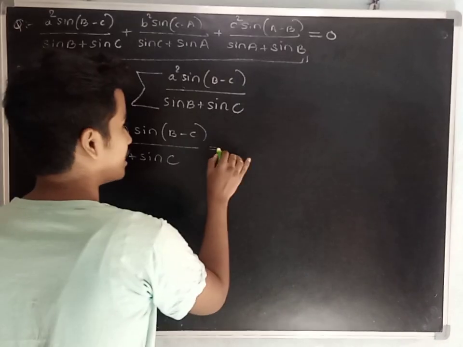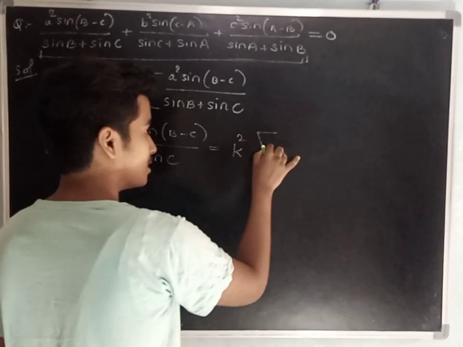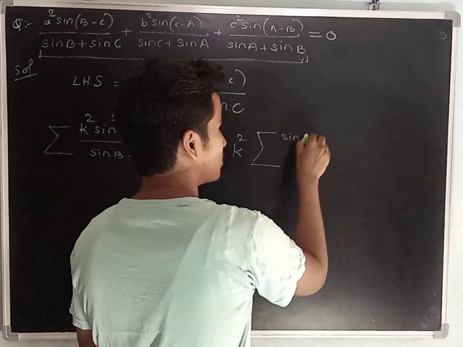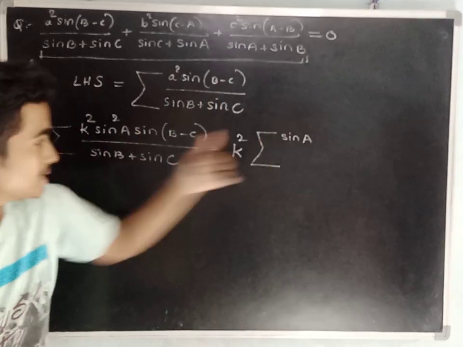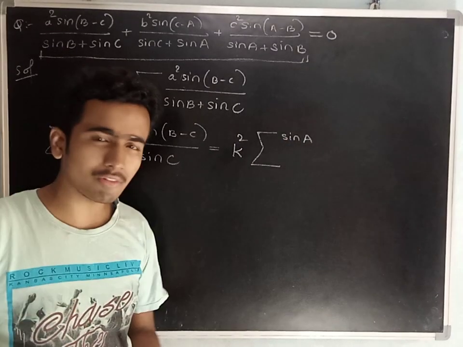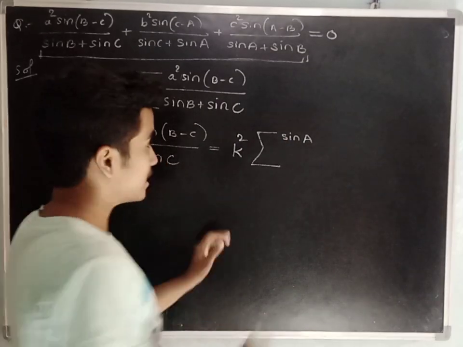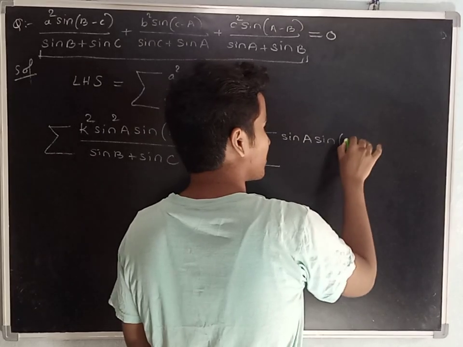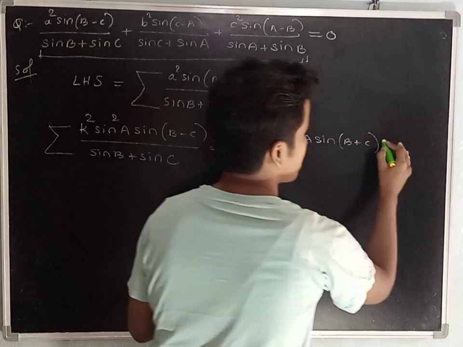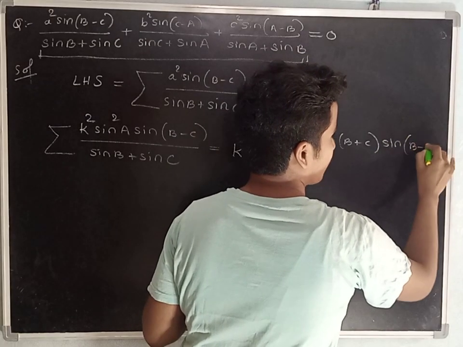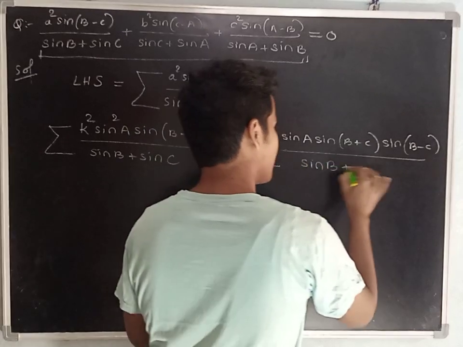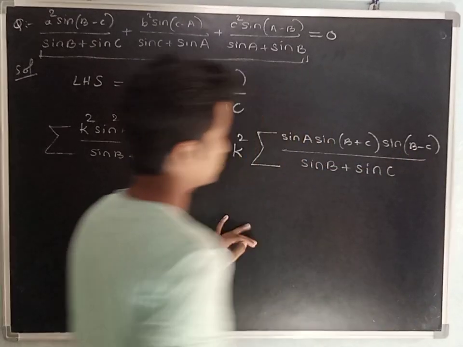Similarly, here k square is constant. Let me take it out of sigma. Sin square a, let me put first one sin a and another one sin a, which can be written as sin of (b plus c), into sin of (b minus c), by sin b plus sin c.